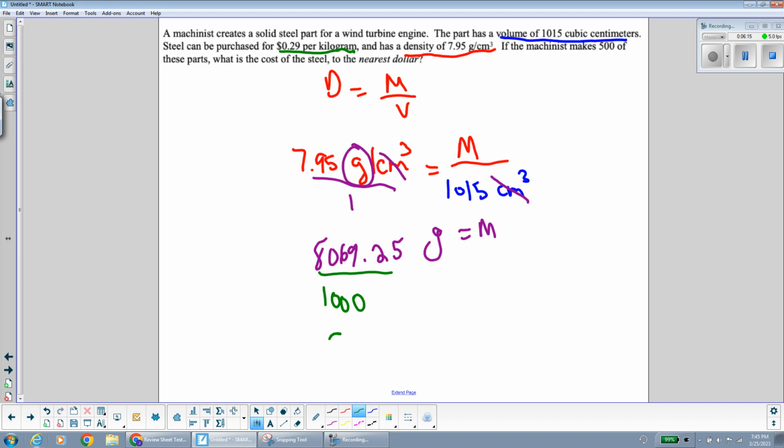And I got 8.06925 kilograms. So that is the mass in kilograms. Okay, so now that we know how many kilograms the steel weighs, we can figure out the cost, since it costs 29 cents per kilogram. So let me multiply the mass by 0.29.